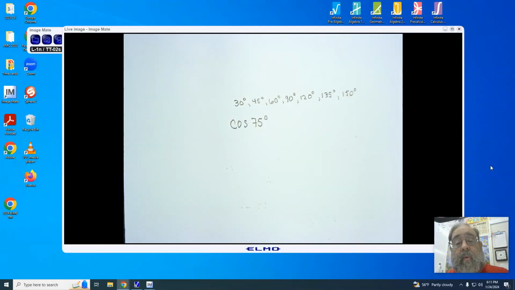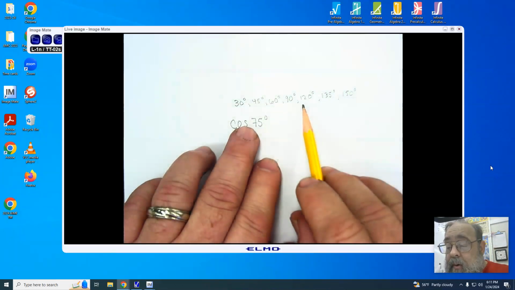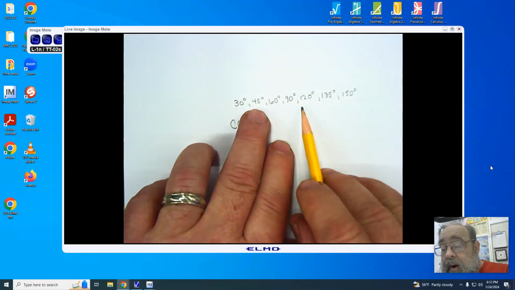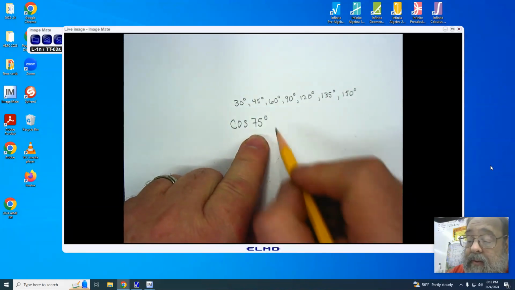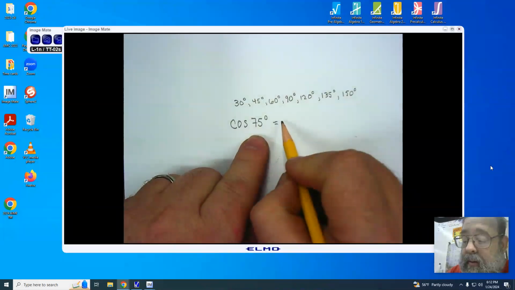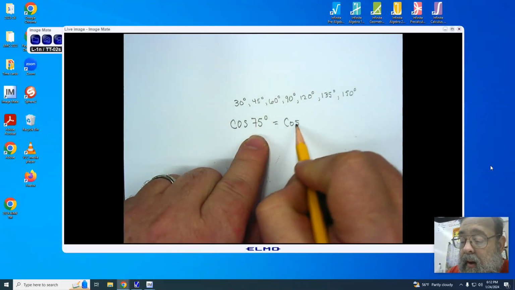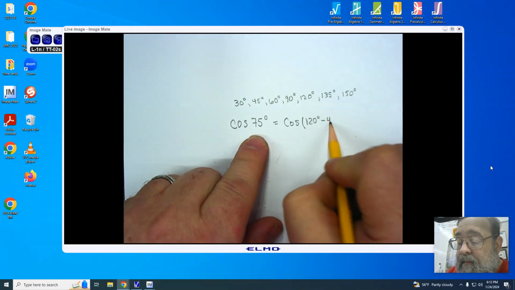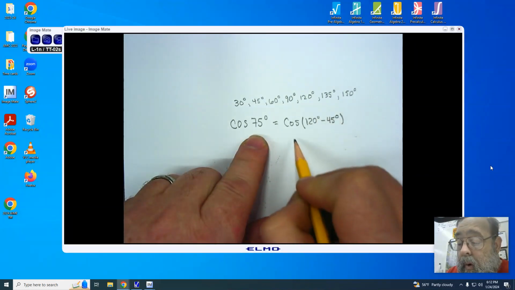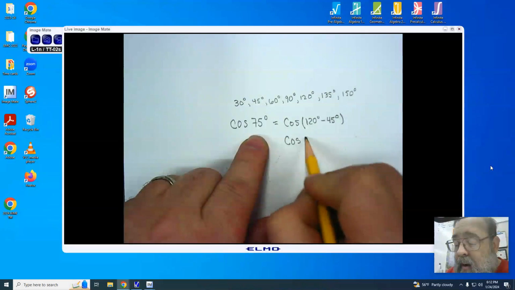Now, it doesn't matter whether we use a sum or a difference as long as this works. Notice that if I'm using a 120 degree and I take away 45 degrees, I will get 75 degrees. So this is one option. We could do the cosine of 120 degrees minus 45 degrees, or we could work with the cosine sum.